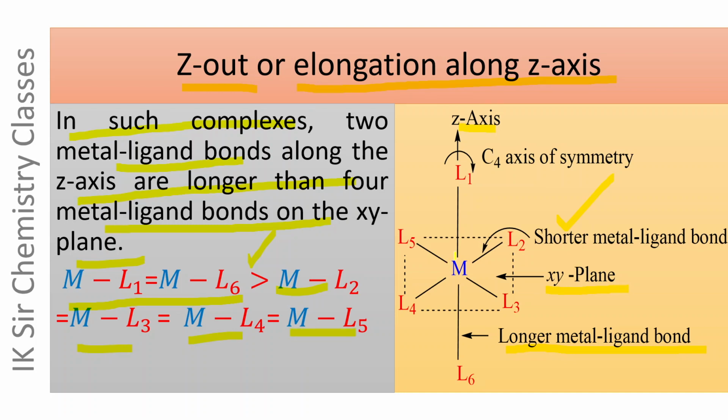This type of tetragonal distortion in octahedral complexes is called Jahn-out or elongation along the z-axis.